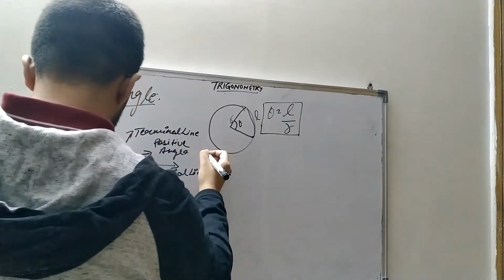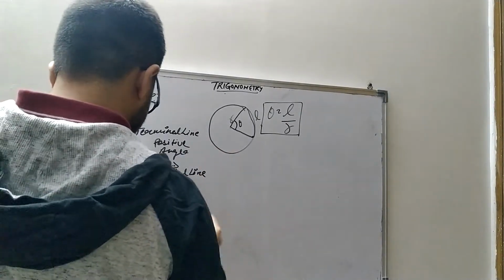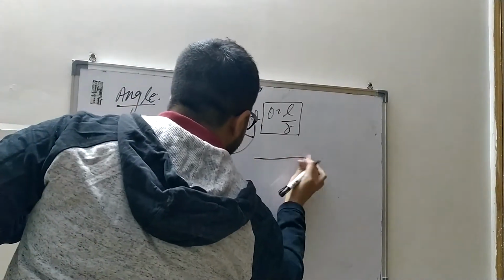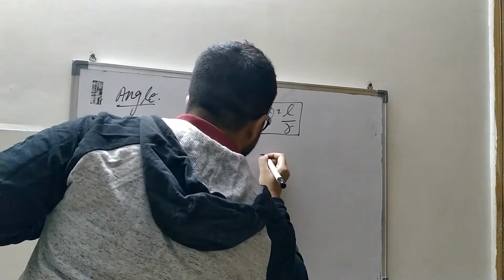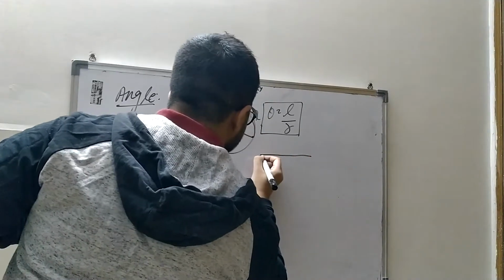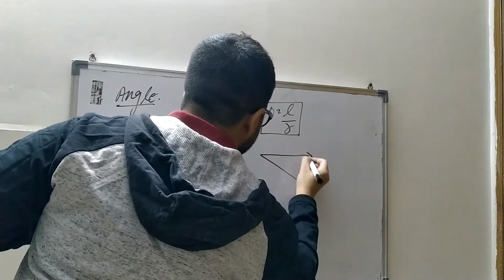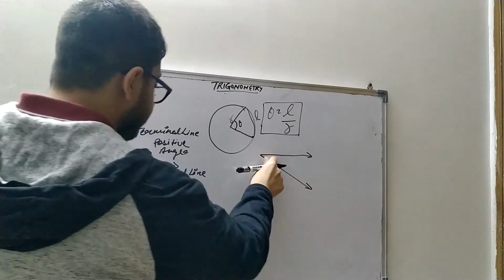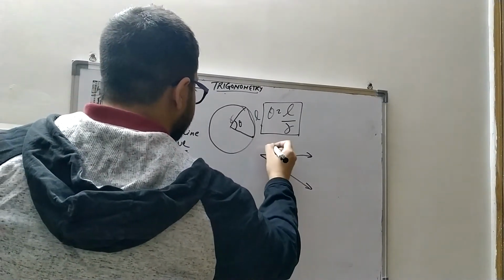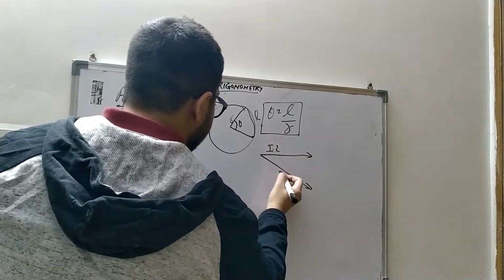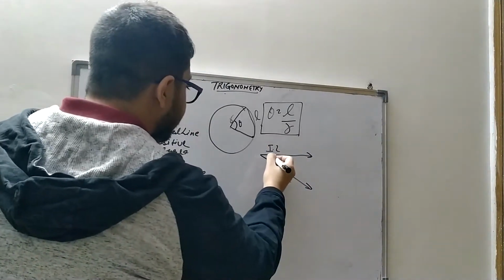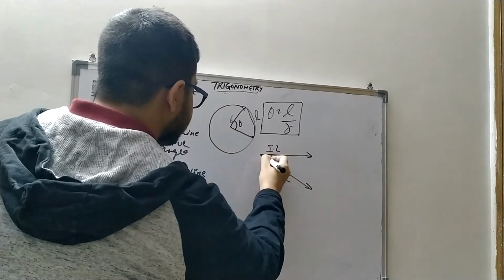If the line starts from here, this is the initial line and this is the terminal line, and then the angle is swept here.